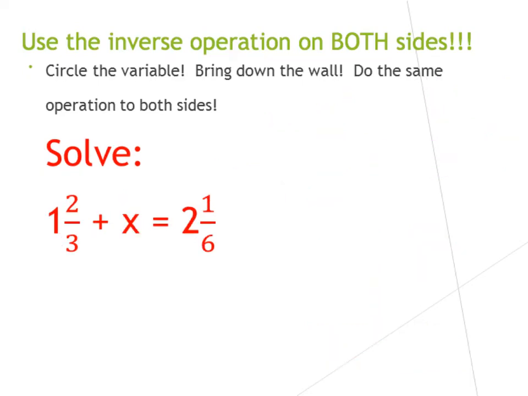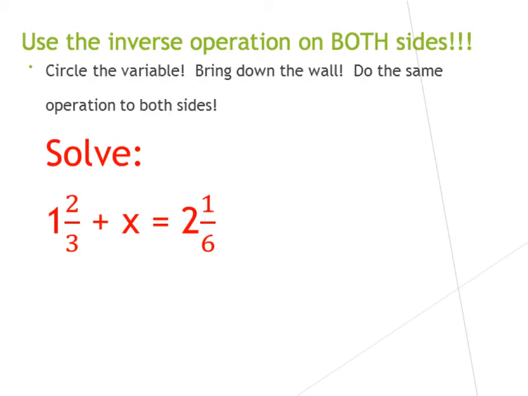The last example looks a little different because the mixed number is in front and then comes the variable, but we're going to do it the exact same way. But again, before I get started, I'm going to go ahead and change both these mixed numbers into improper fractions.